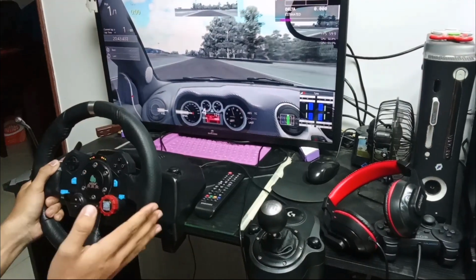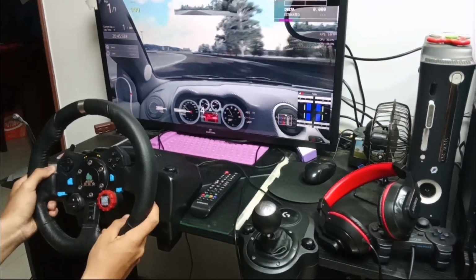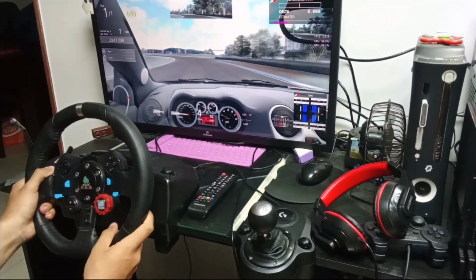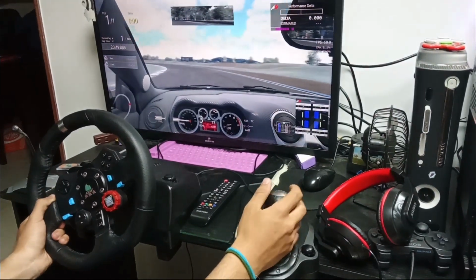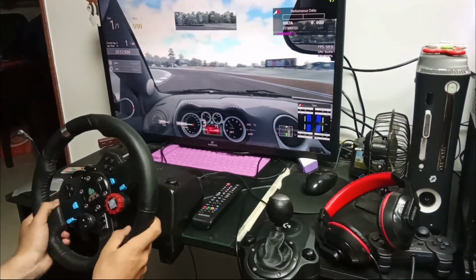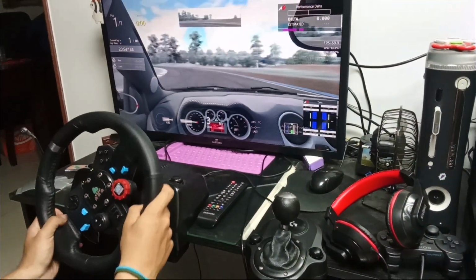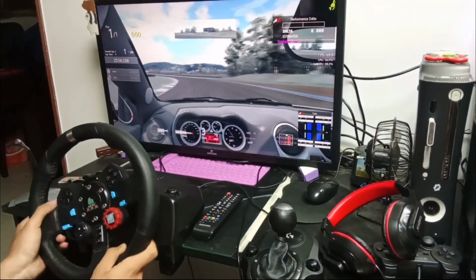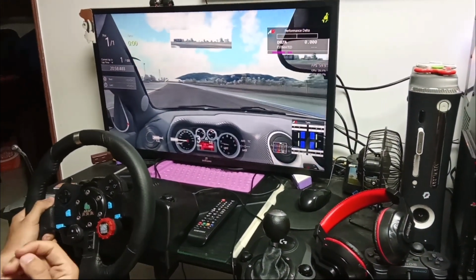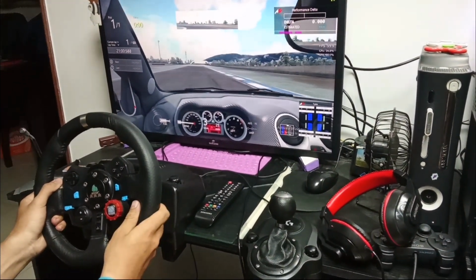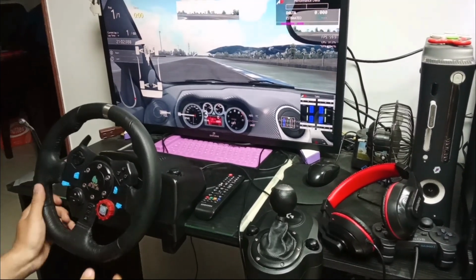Now we are going at a really high speed, but this speed is just at the circuit. As you can see, I have been doing the changes at really high revolutions. But if you are in the city, you will have to brake.